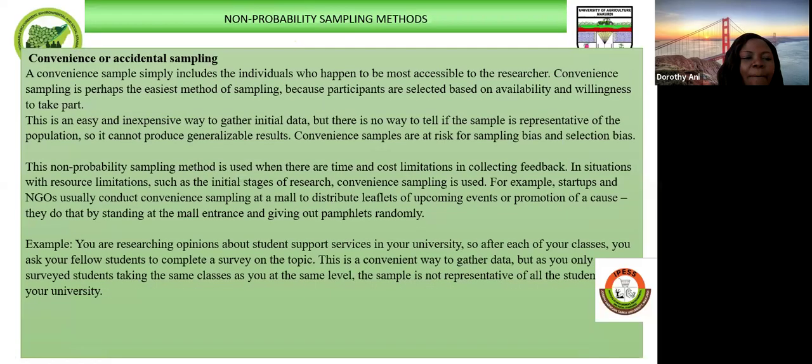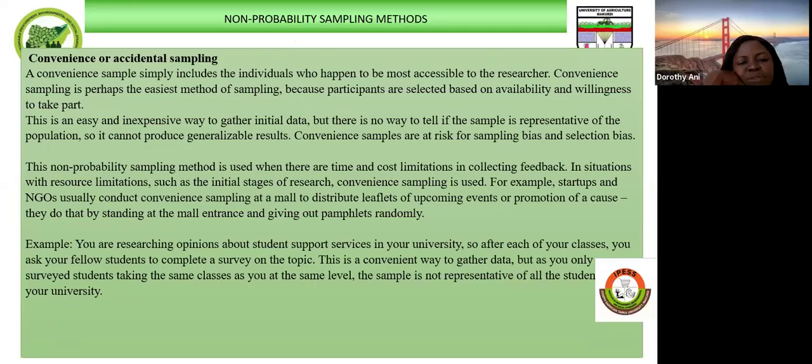Okay. So convenience or accidental sampling. A convenience sample simply includes the individuals who happen to be the most accessible to the researcher. Convenience sampling is perhaps the easiest method of sampling because participants are selected based on availability and willingness to take part.